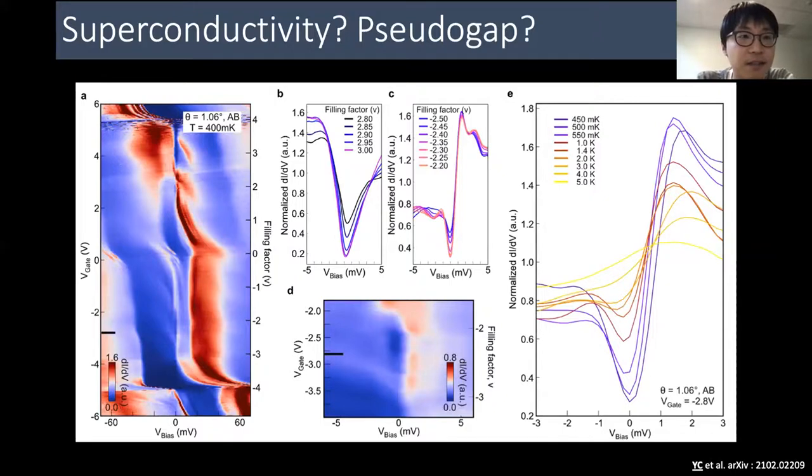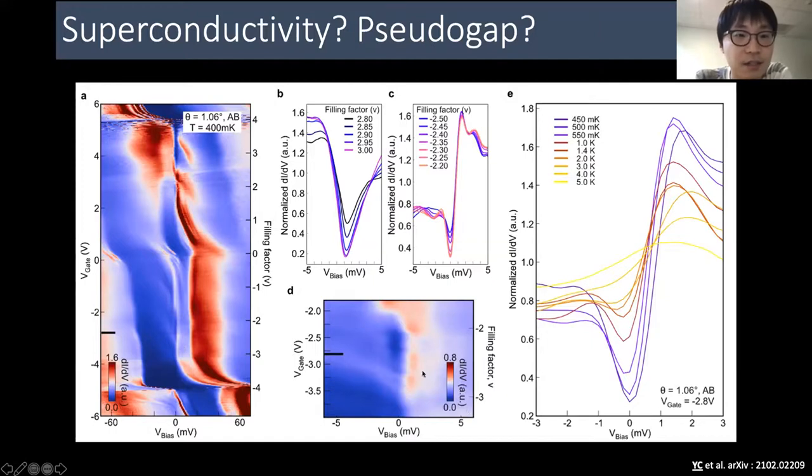And finally, you want to say something on this similar gap structure that earlier today Kevin from Princeton University mentioned. So we also see this gap structure between filling factor -2 and -3.